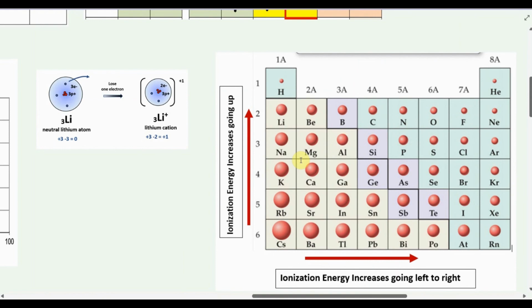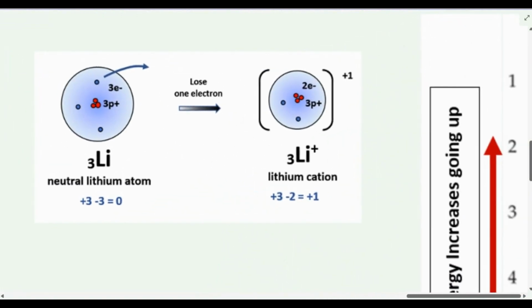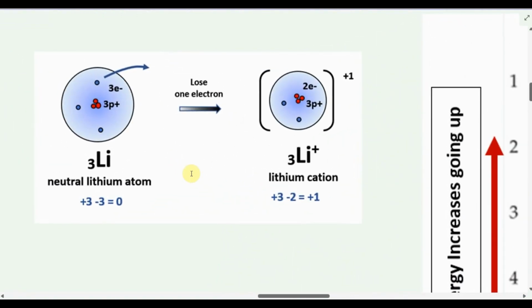Another trend that we can explain is ionization energy. So first of all, what is ionization and what's ionization energy? Here's a model of a lithium atom. A lithium atom has 3 protons in the nucleus, 3 positive charges, and 3 electrons.